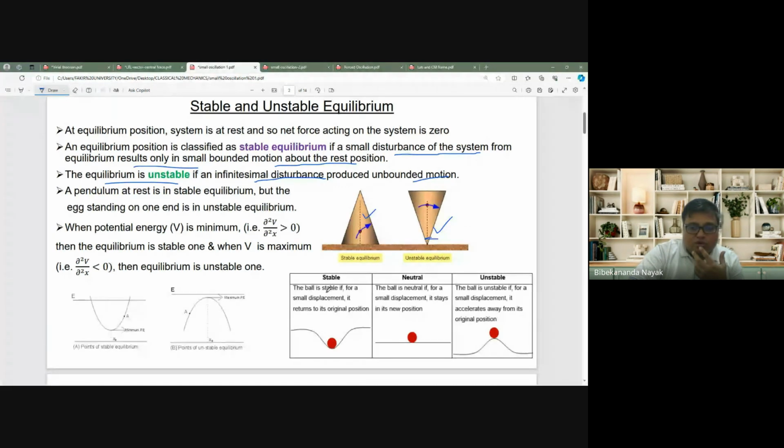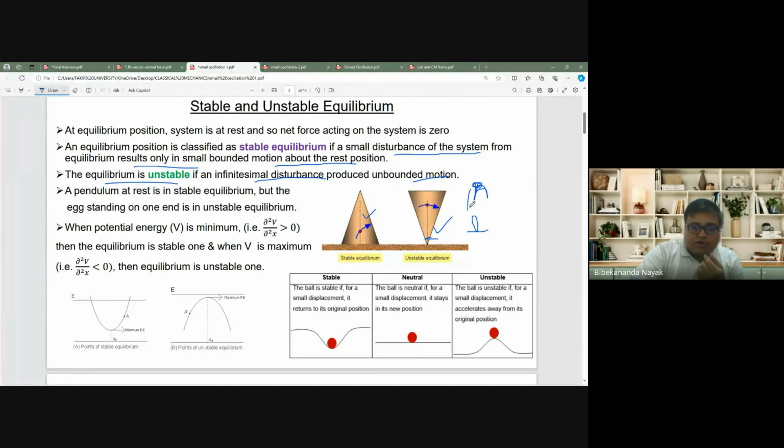For example, if you put an egg on a table on one end, if slightly disturbed, it will break down. Or if you put a stone at the top of something, and you slightly disturb it, it will fall down. This is an unstable equilibrium.